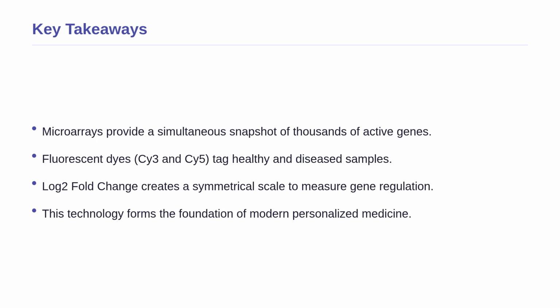We have covered a lot of ground today, so let us review the most important ideas. First, remember that microarray technology revolutionized biology by allowing us to take a massive, simultaneous snapshot of thousands of genes at once, rather than testing them one by one.